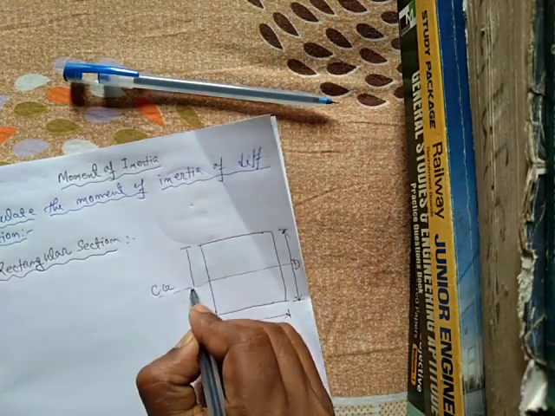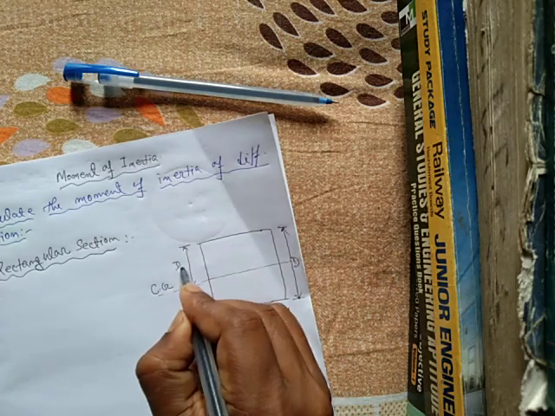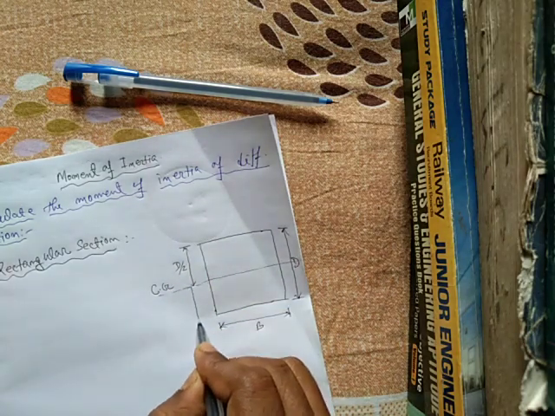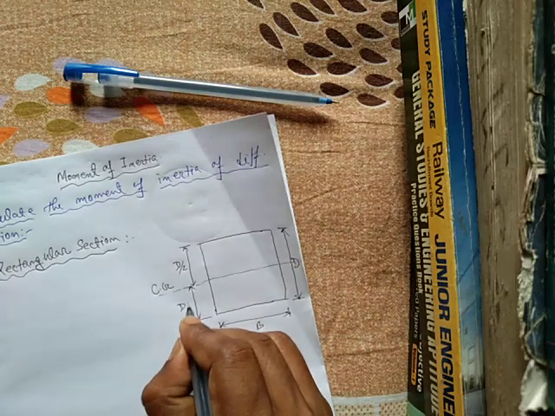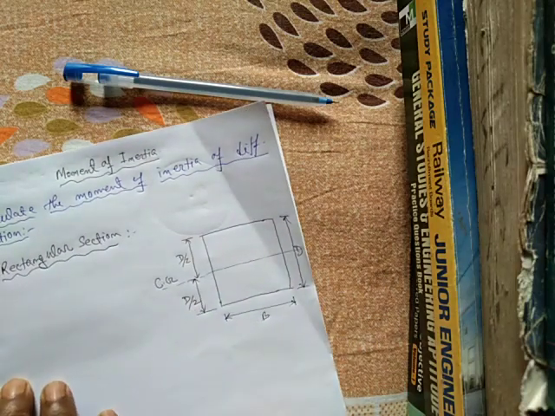This distance is D by 2, and it is divided into two equal parts, D by 2 and D by 2.